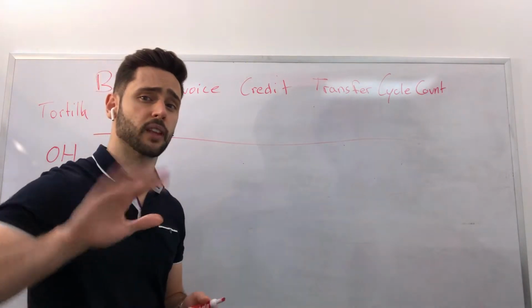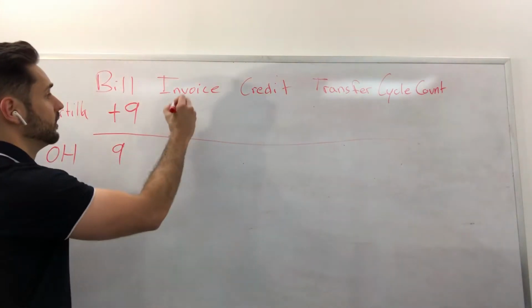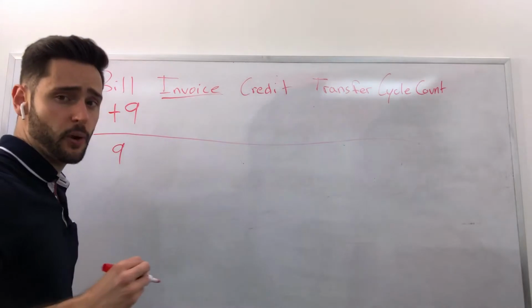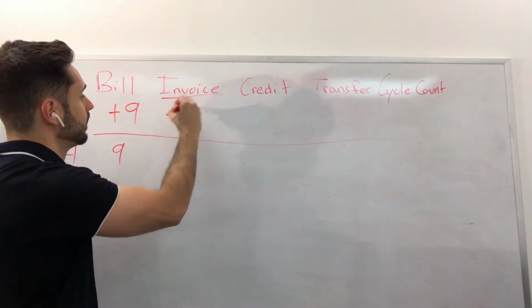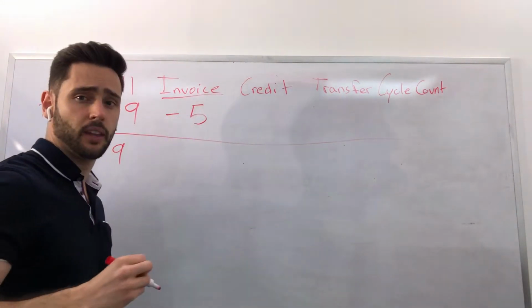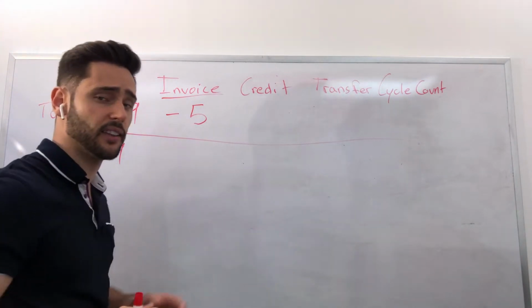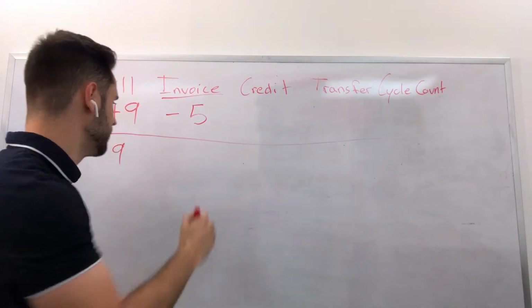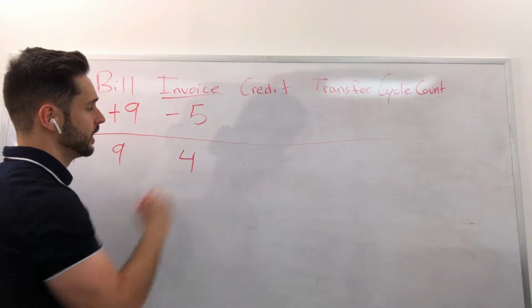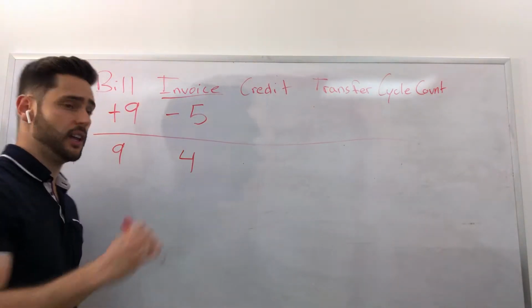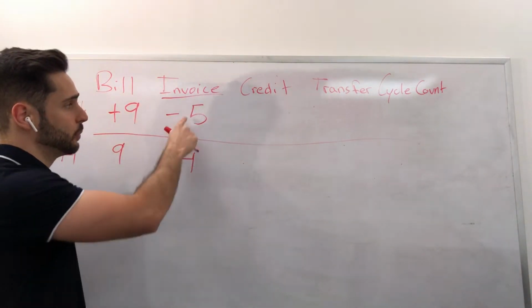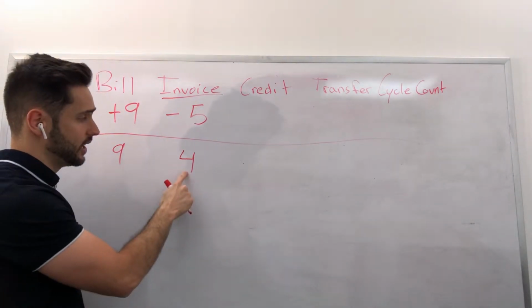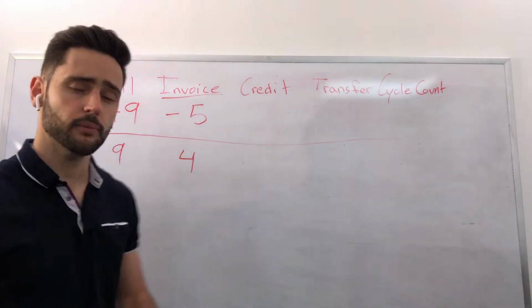So the impact of the invoice is negative. Because you've given the product to the customer, your inventory has decreased. So let's say that your inventory is now 4. We received 9 from our vendor, we sold 5 to our customer, and our inventory is now 4.